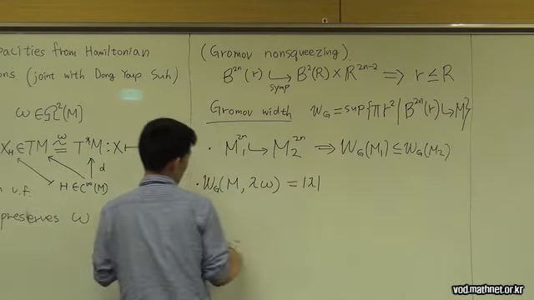Now let's forget about this Gromov width and think about some quantity satisfying these three conditions.